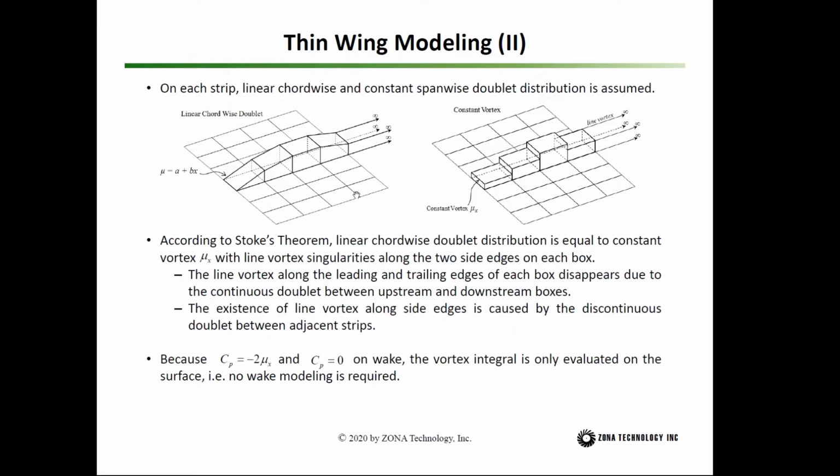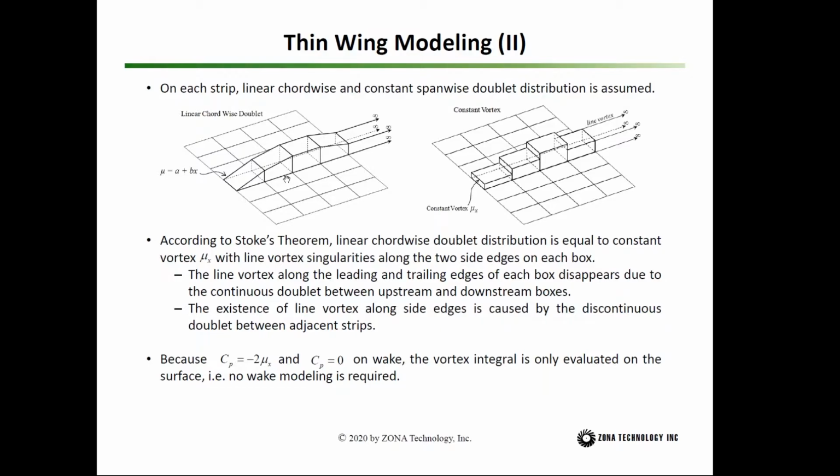And in the thin wing modeling, on each strip of the CL7, we put the linear doublet. Based on the Stokes theorem, the linear doublet is equal to the constant vortex vector. So because it is a linear doublet along the chord, the line vortex along the leading edge and the trailing edge between adjacent panels cancel out. So you don't have the line vortex.